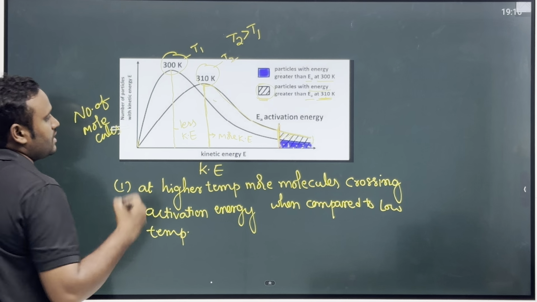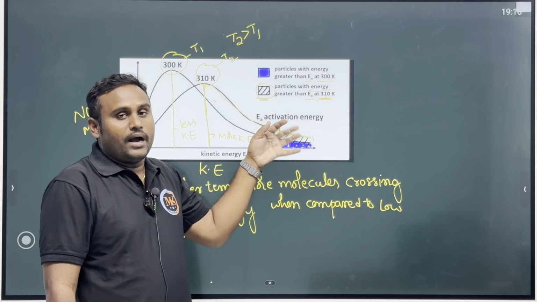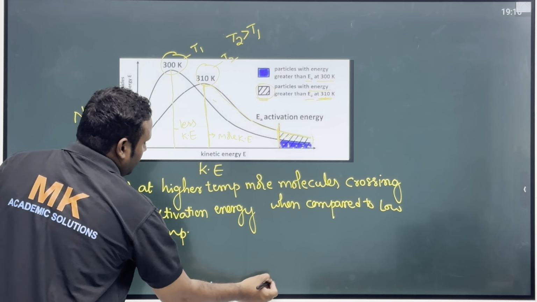So this is the reason why at high temperature the rate of reaction is more, and at low temperature the rate of reaction is less. Okay, right, children.